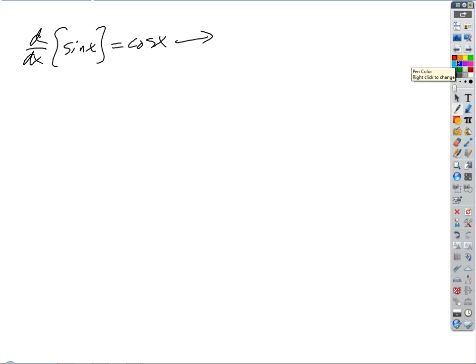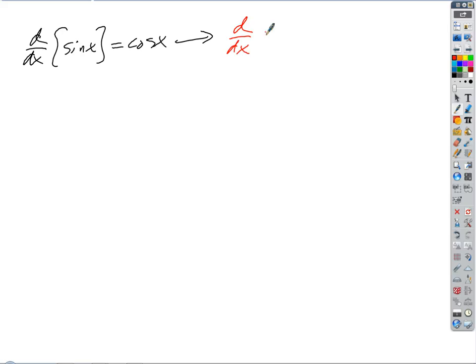What does this allow us to do with all of our standard forms? This allows us to take these kind of lame derivative rules that we had. For example, the derivative with respect to x of sine x equals cosine x, and now we can rewrite that in a better way.